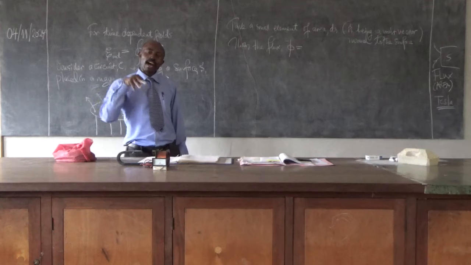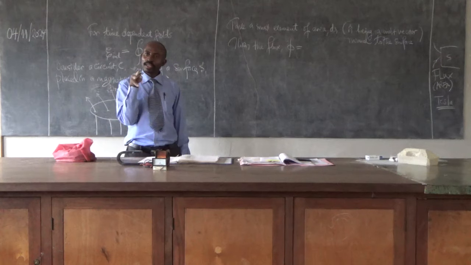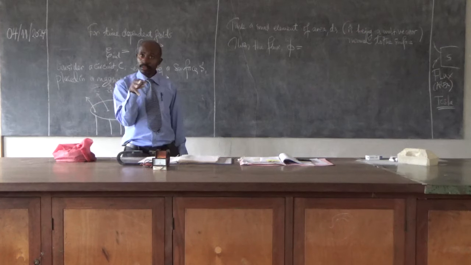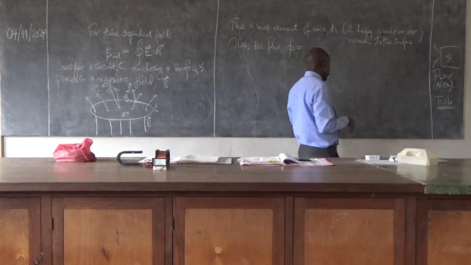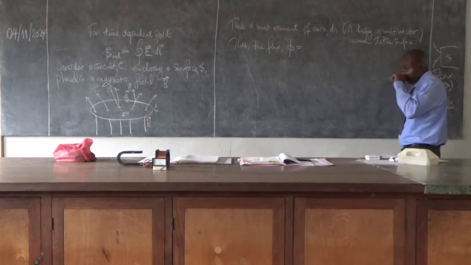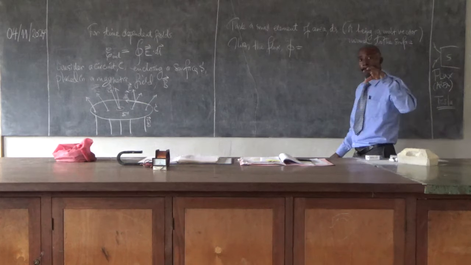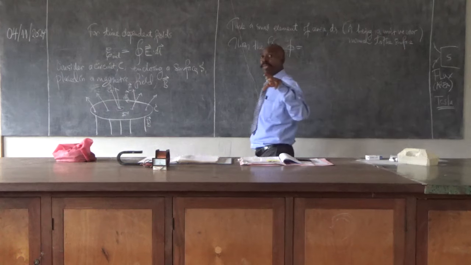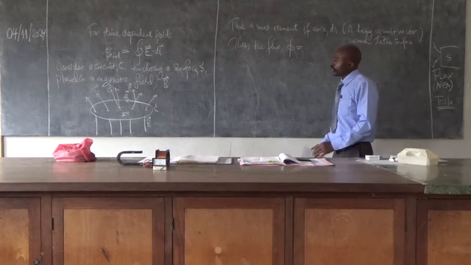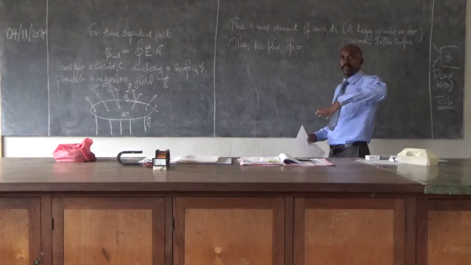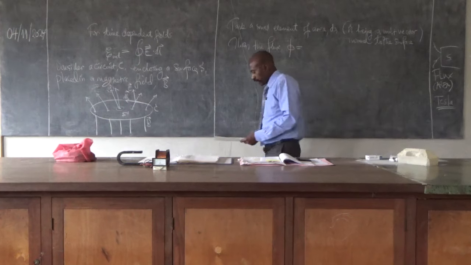If they are at an angle, you should always adjust them to be perpendicular, so you take the component of these fields perpendicular. If it is magnetic flux, then you are talking of the magnetic fields perpendicular to a particular area. If they are not, make sure you adjust them to fit the perpendicular part.